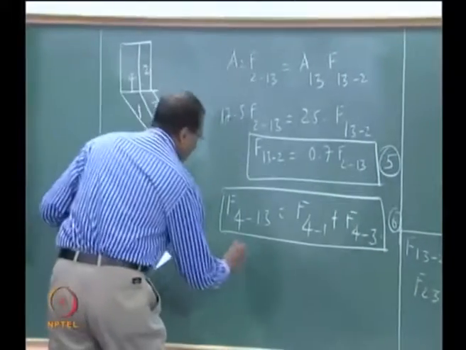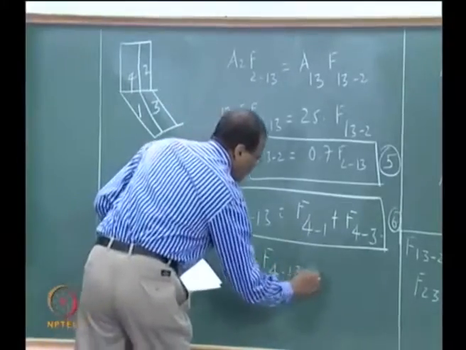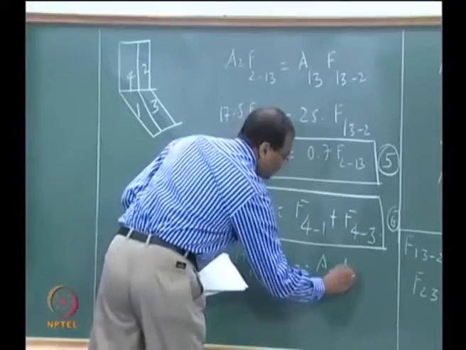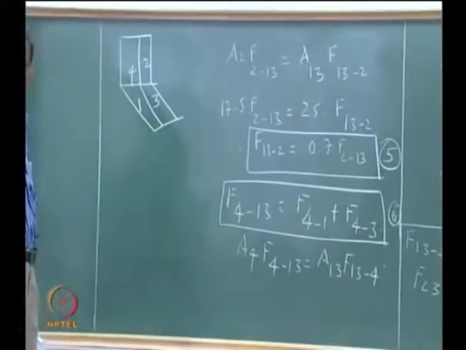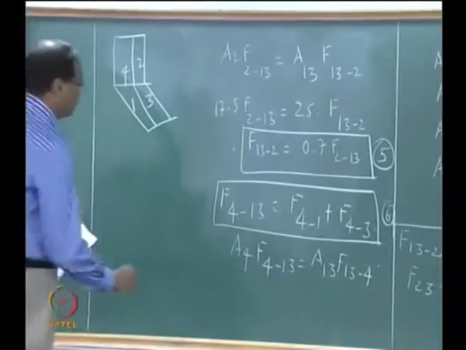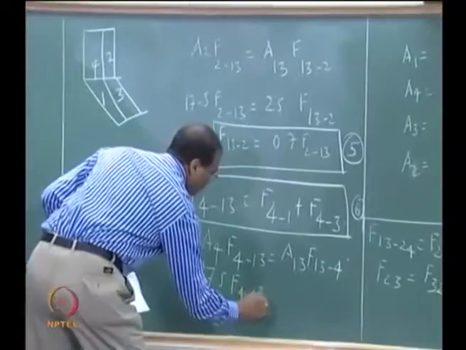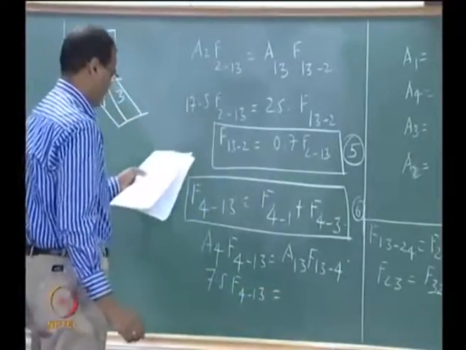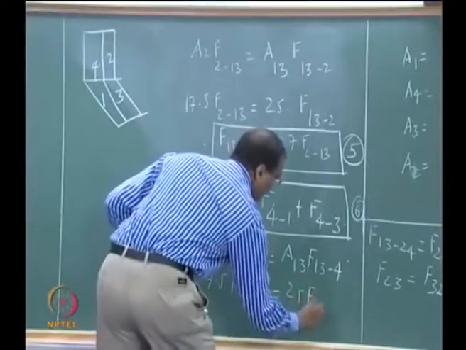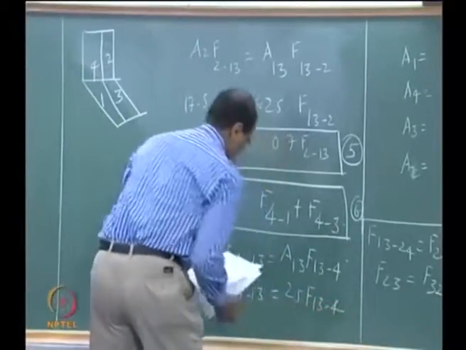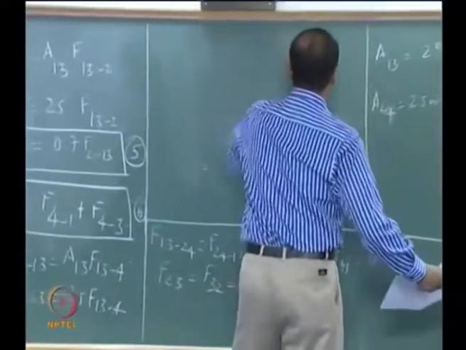Okay. So A4, so 7.5 is equal to 25. Now I can remove this.